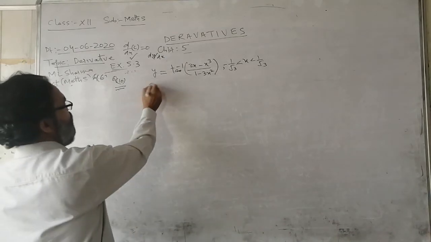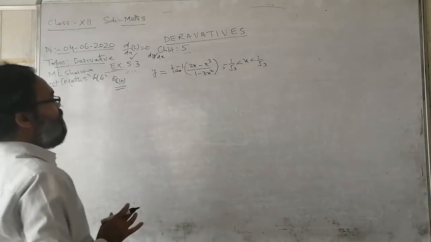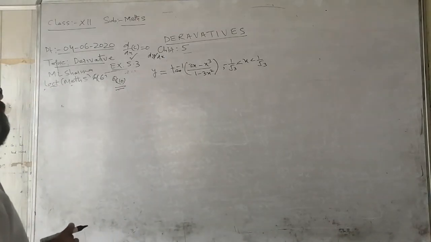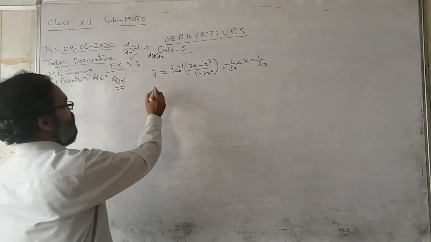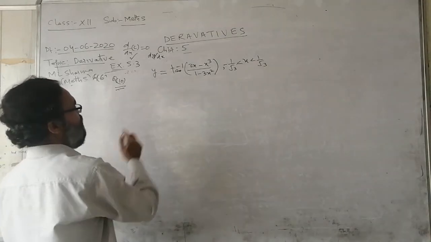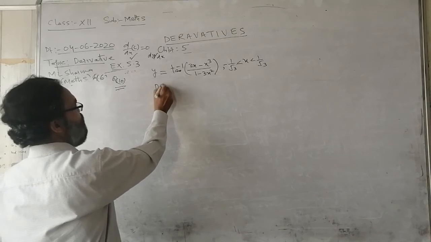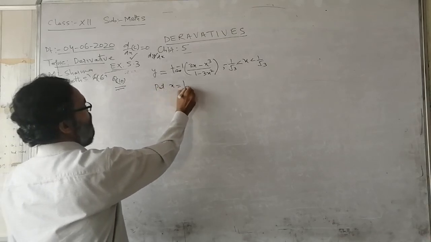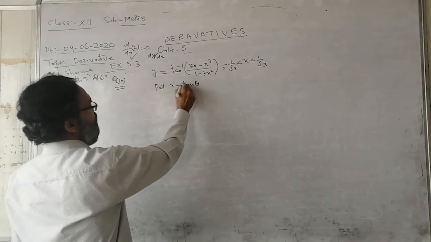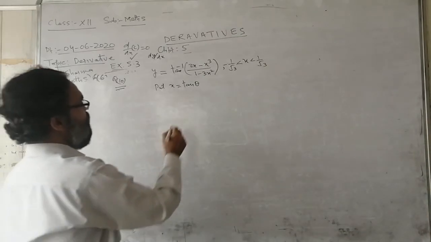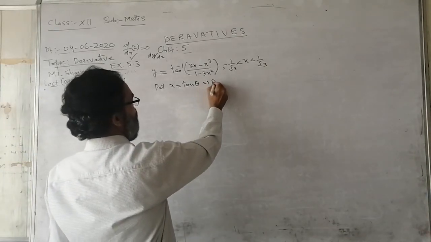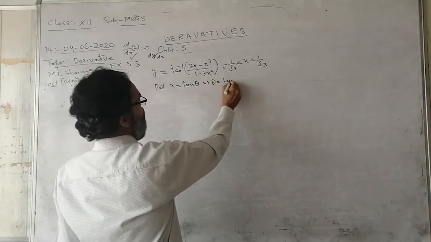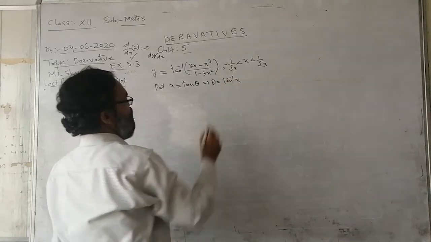So if I have to find its derivative, directly I cannot find its derivative, so I will have to make a substitution here. So if I put x as tangent theta, that means theta will be tangent inverse x.